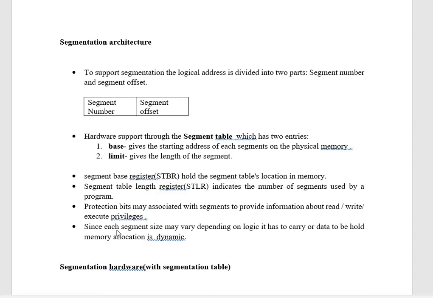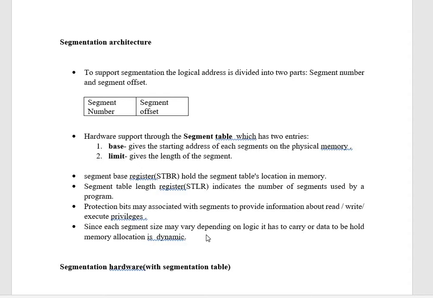Since each segment's size may vary depending on the logic and the data it carries, the memory allocation is dynamic. We cannot say that all the segments have to be the same size so that we could have fixed chunks and fixed memory allocation.